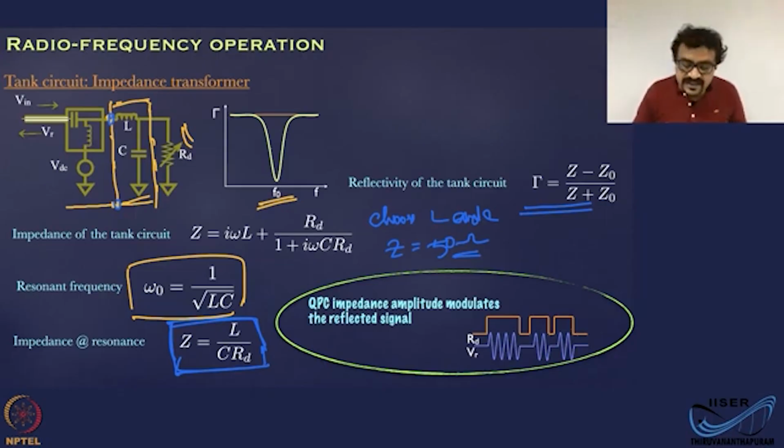Then what you're seeing here is that the impedance Z is a function of the reverse resistance RD. So any change in RD is going to change Z, the impedance of the whole tank circuit, and the reflected power will also change accordingly, because reflected power will be 0 when Z is Z0.